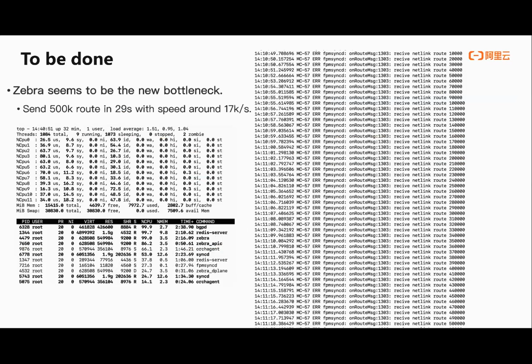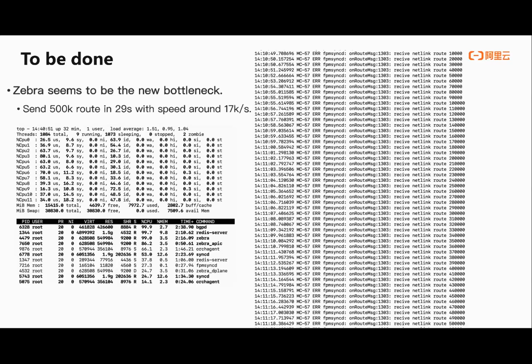So the exercise I did was to start dropping the messages in FPM sync D immediately after I received them from the socket buffer. I reran the test, and Zebra was able to send the same amount of routes to FPM sync D within the same time that it was taking for the kernel.